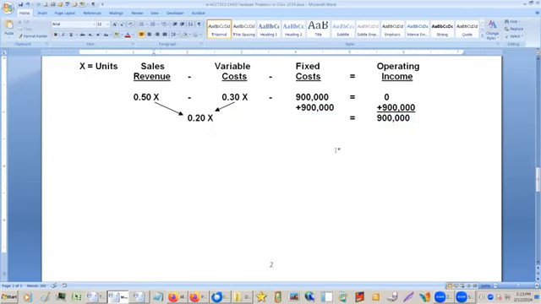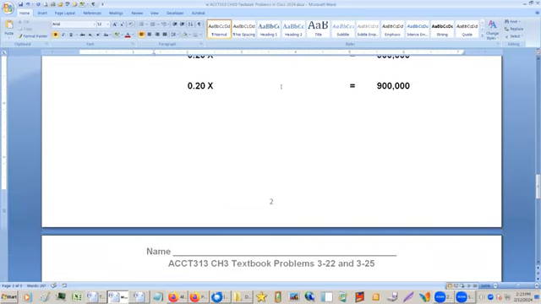Divide both sides by 0.2. X equals 4,500,000.